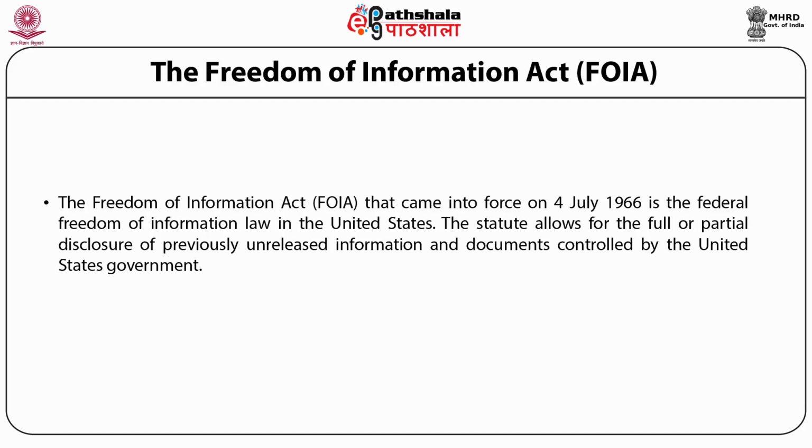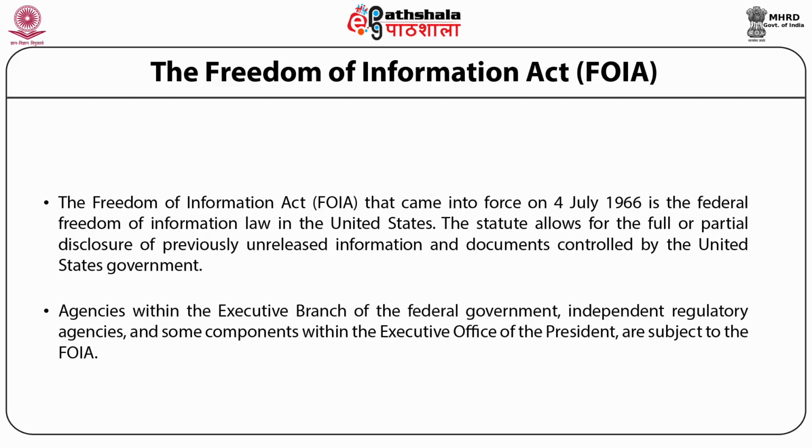Well, the Freedom of Information Act is a federal law. The statute allows for the full or partial disclosure of previously unreleased information and documents controlled by the United States government. This is key, right? You have the right to information that has been previously unreleased, the right to documents previously unreleased, as long as that is controlled by the US government.